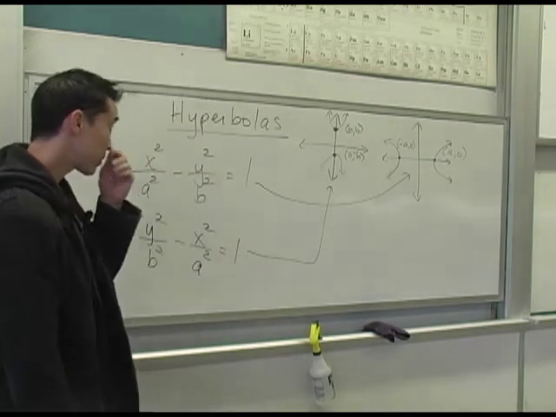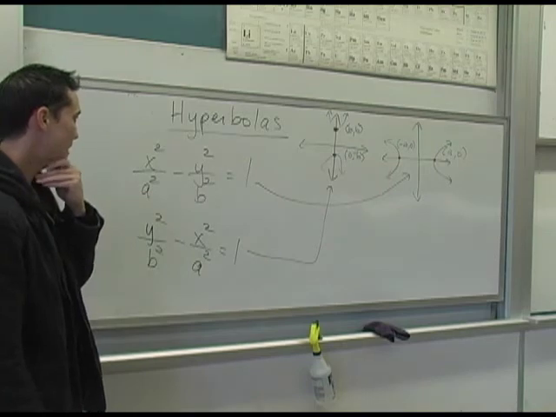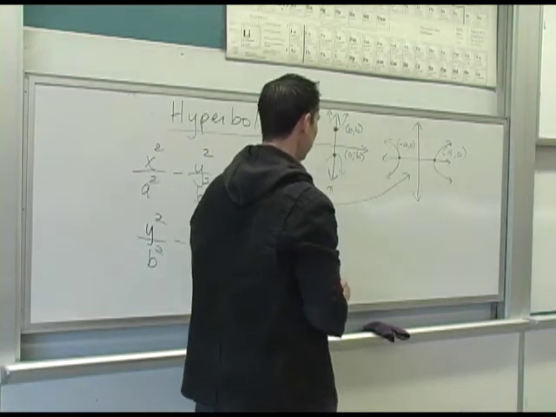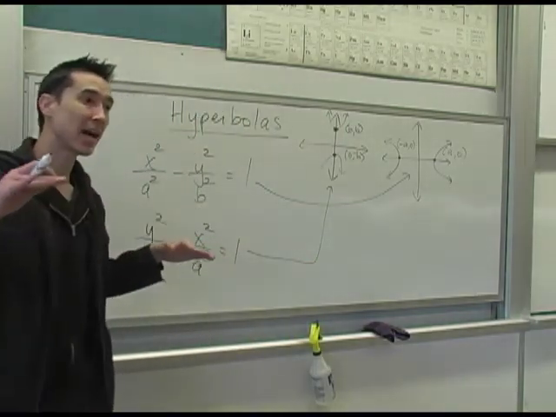The extra portion is we have these asymptotes. The way you generate these asymptotes is by extending diagonals.